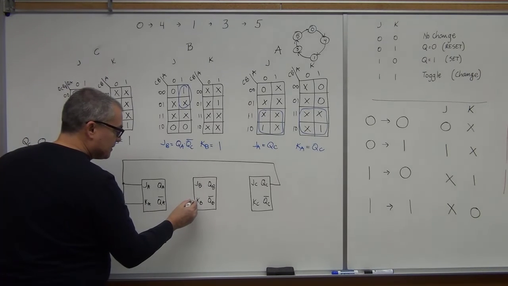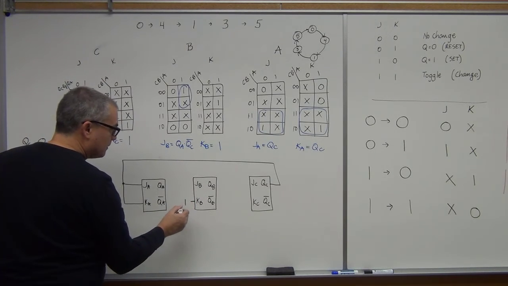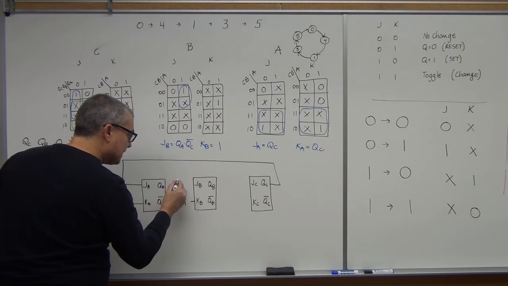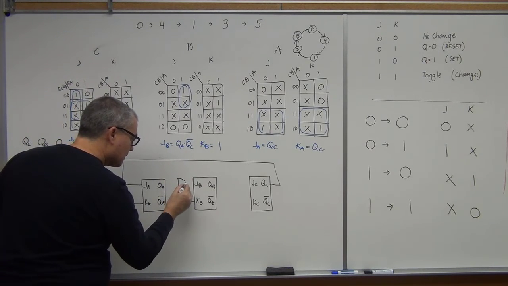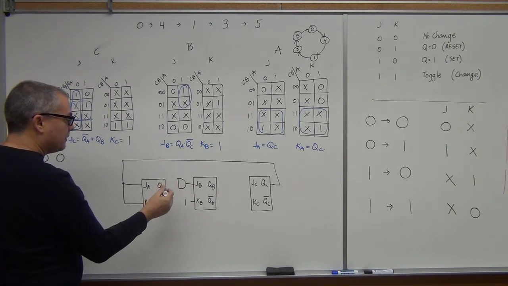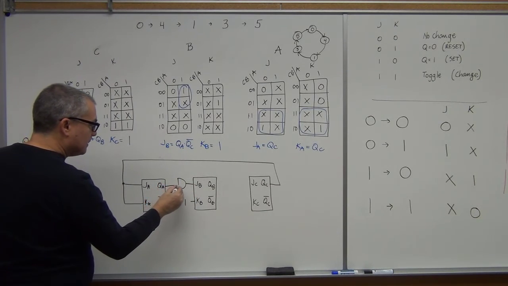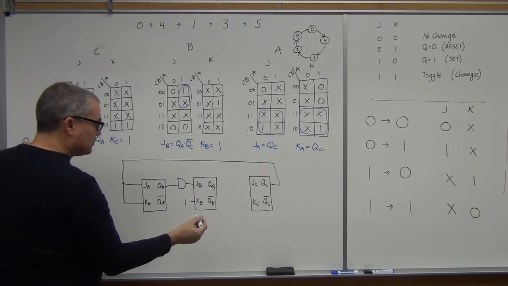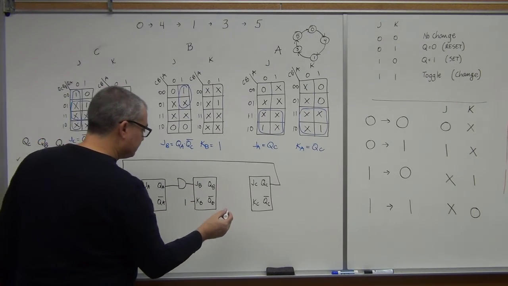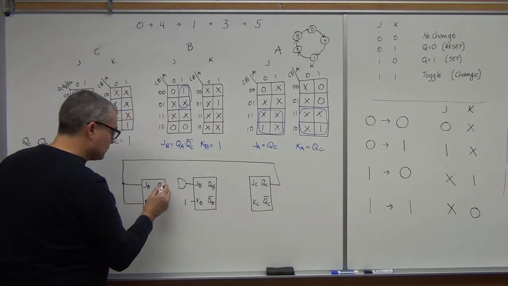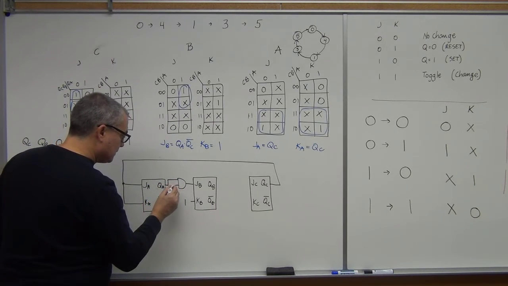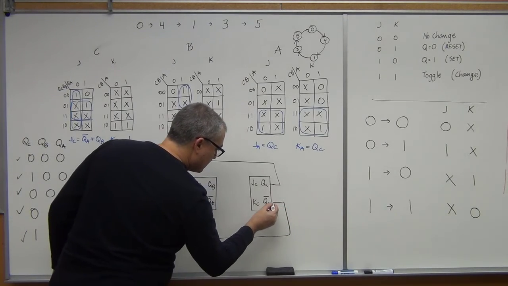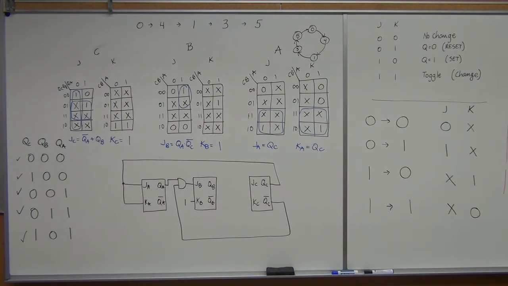KB is going to be just simply 1. And JB is going to be an AND gate with QA and QC naught. So let's do that this way. QC naught.